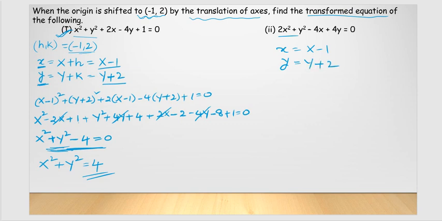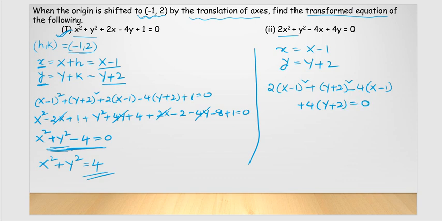So substituting the same things: 2 times of (capital X minus 1) whole square plus (capital Y plus 2) whole square minus 4 times of (capital X minus 1) plus 4 times of (capital Y plus 2) is equal to 0. Then on simplification, what am I going to get?